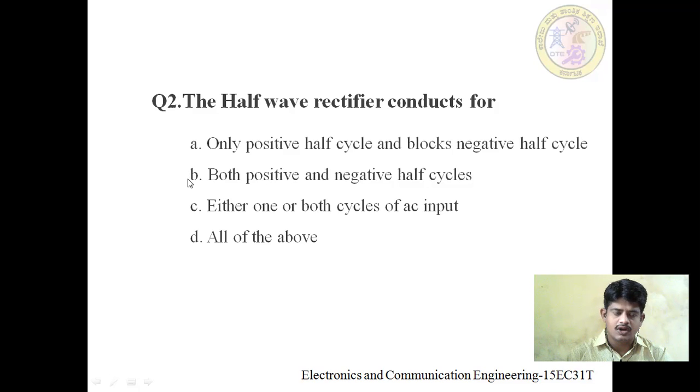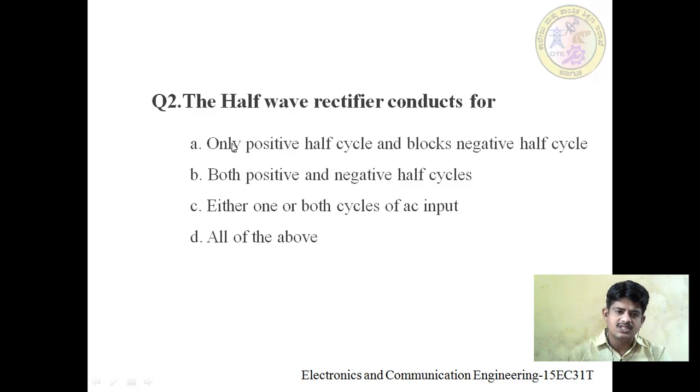The next option is that it conducts for either one or both cycles of the AC input. It was operating for one, but is it operating for both cycles? No, because it's a half wave rectifier, it operates only for one half cycle. So this is not the correct answer. When B and C are not correct, you cannot go for all of the above.